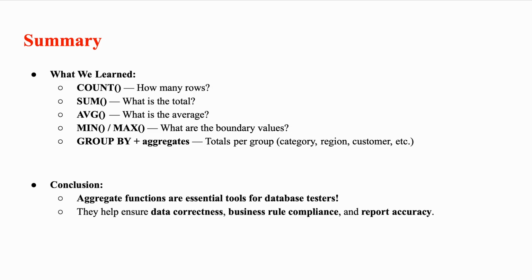And with group by and aggregates, we can break down and analyze totals by category like region, department, or customer. At the end of the day, these aggregate functions are really powerful tools for database testers. They help us ensure data correctness, enforce business rules, and validate the accuracy of reports.